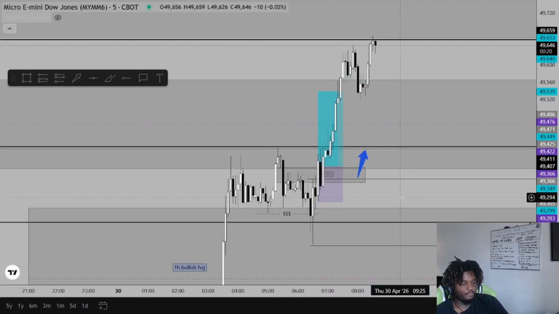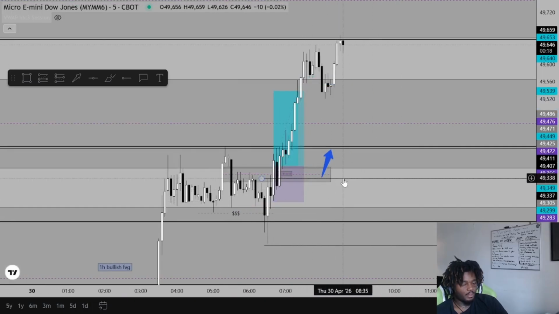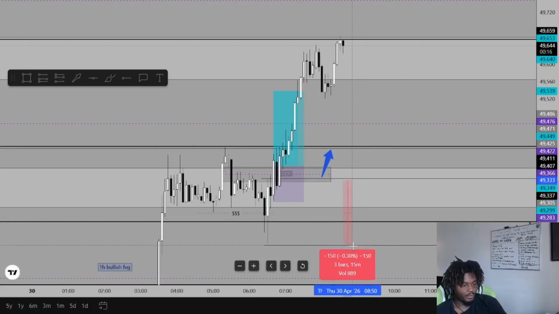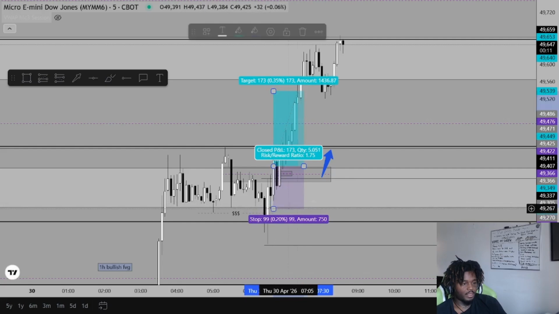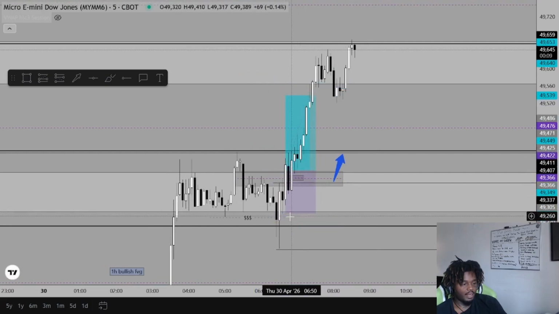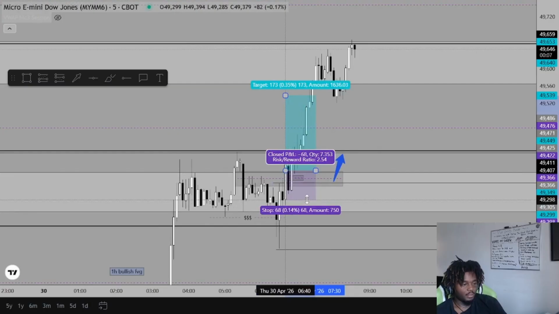Yeah. Full stop loss was 50% of this gap. But since, like I said, price came up, came down, protected, then we move our stops a little smaller, right?